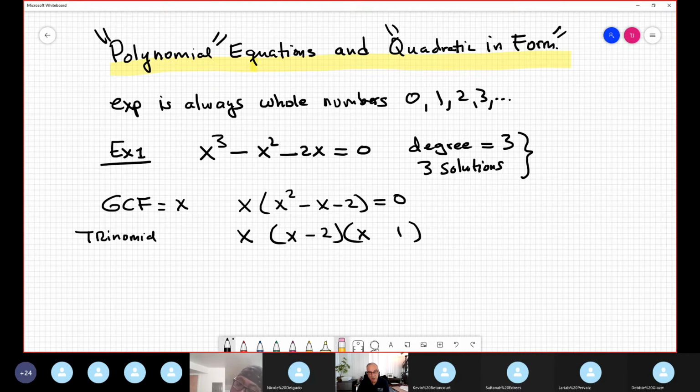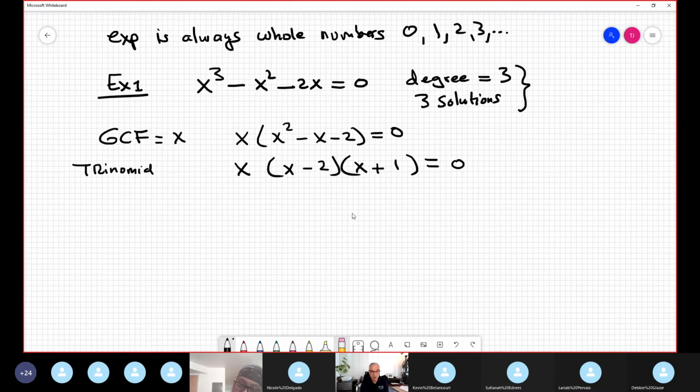Negative 2 and positive 1, equal to 0. Do you remember well factorization of trinomials? This is important to remember in this subject. I am sure my students remember this very well, I suppose.